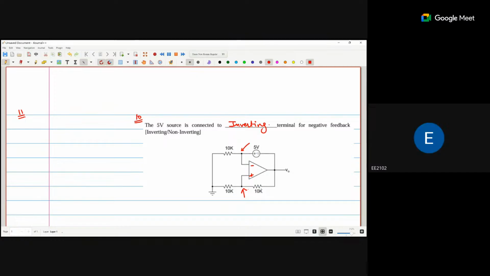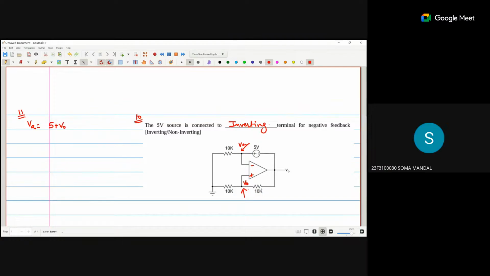So how do we calculate the output voltage? Since VA and VB are equal, I consider that this is VA and this is VB. What is VA? VA is 5 volt plus V out.